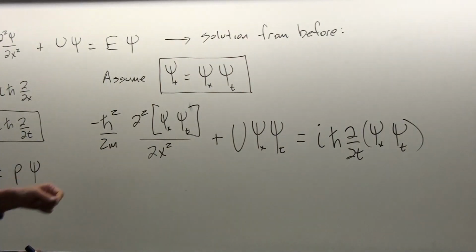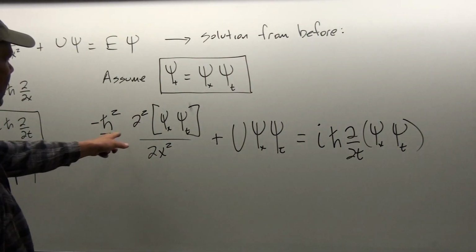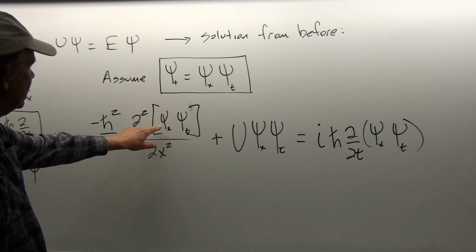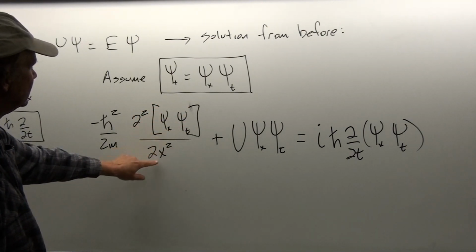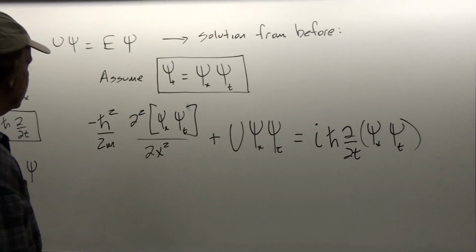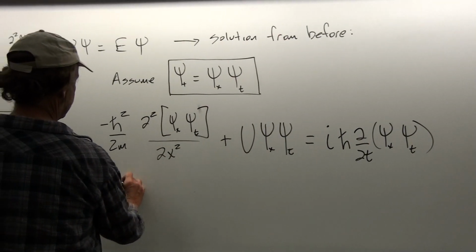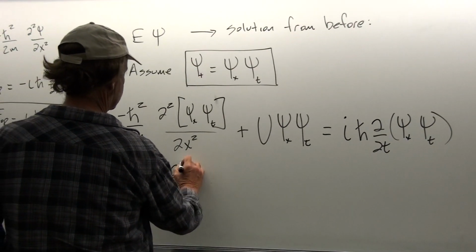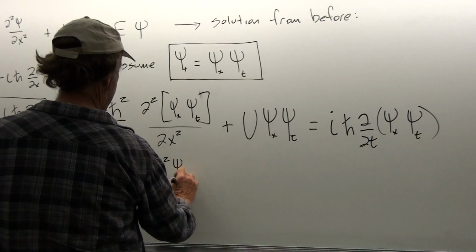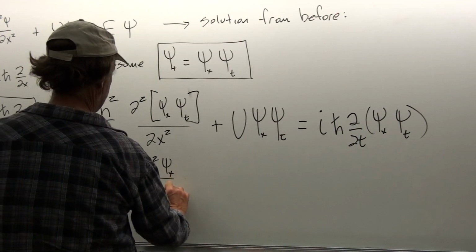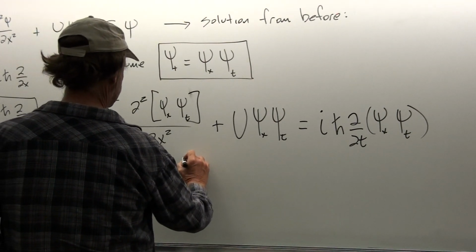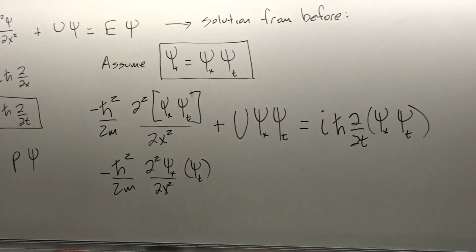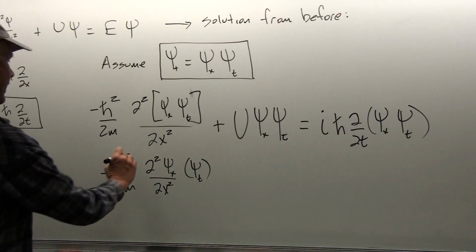So let's see how that would work here. First of all, I can rewrite this first expression because psi(t) doesn't depend on x, so you can just consider it to be constant. So this is just minus h bar squared over 2m partial squared of psi(x) with respect to x squared times psi(t). So psi(t) is over there as a separate factor.